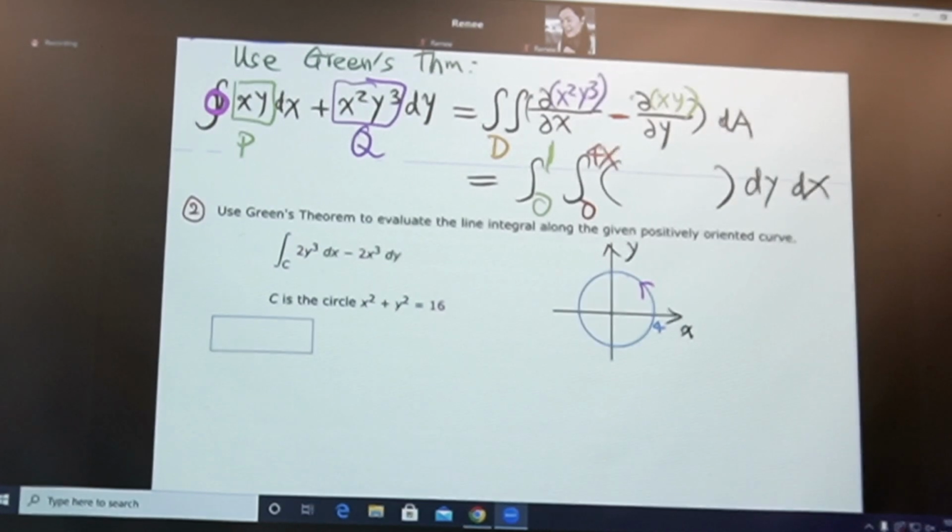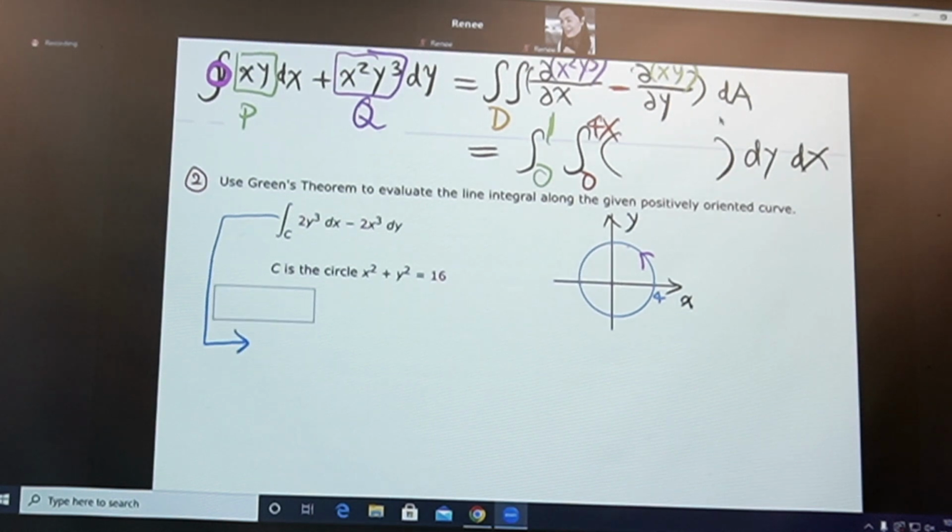Okay, so looking at the shape of the curve, we know that we want to use polar coordinates later on, right? So how do we find this integral? This is the integral over the boundary of this curve, right? According to Green's theorem, it is equal to the double integral over the region.